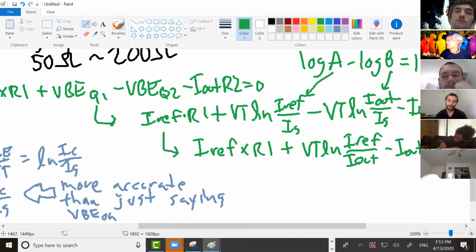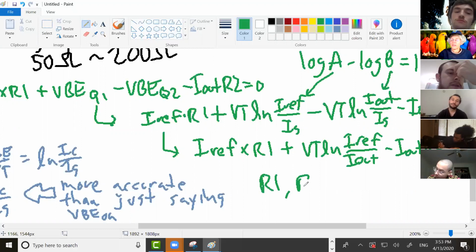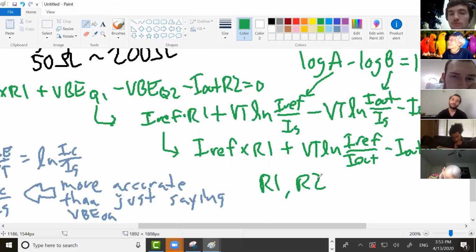So those are values you already selected. So you know those two, but that still leaves 2 unknowns. And the 2 unknowns are R1 and R2. This class is supposed to be more of a design class. So you all are designers. As designers, what would you do at this step?